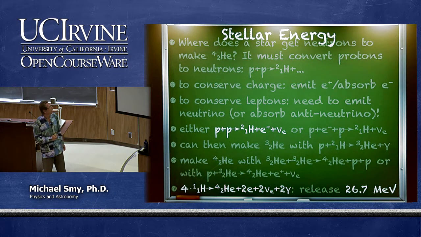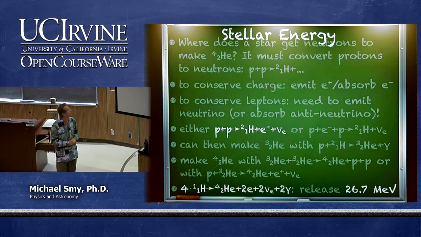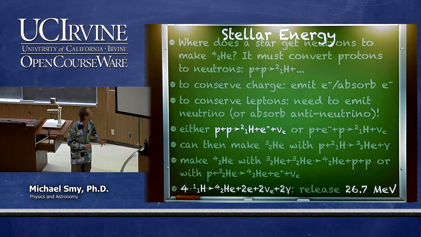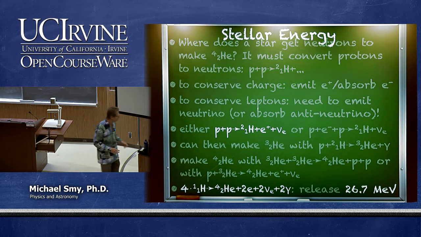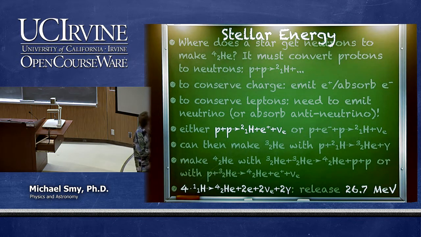However, that runs into another problem for the nuclear reaction, because we also have to conserve the lepton number. And if we emit or absorb an electron, then we have changed the lepton number. That problem can be solved by emitting a neutrino or absorbing an antineutrino, but emitting a neutrino is easier. So that means that we have 2 possible basic reactions.